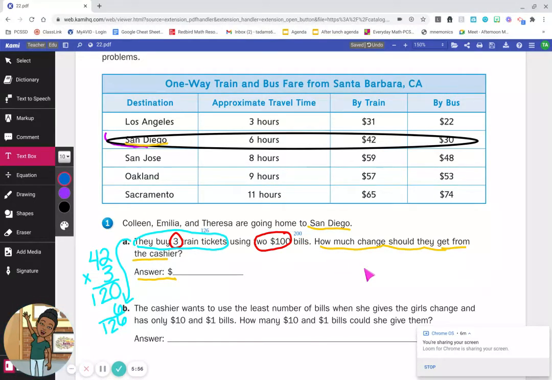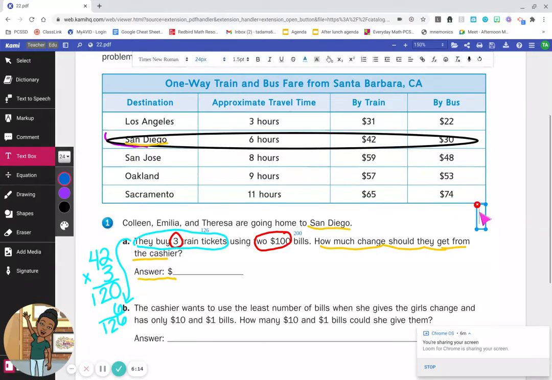Now I can answer or solve my story. How much change should they get back from the cashier? How can I determine how much change they get back when you're buying something? That's right. We are going to subtract $200 because that's how much they gave the cashier, 2 $100 bills, and we said that was $200.